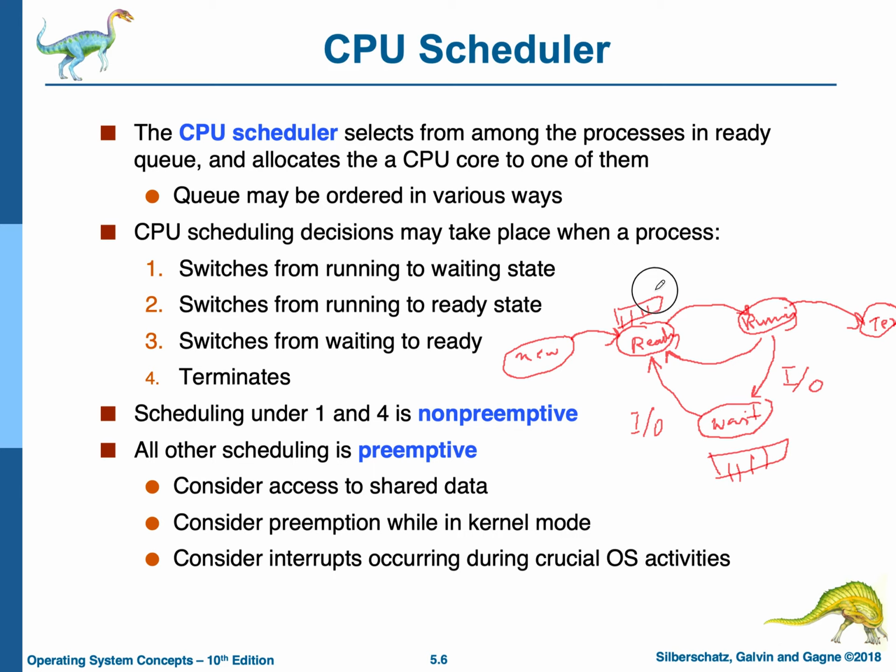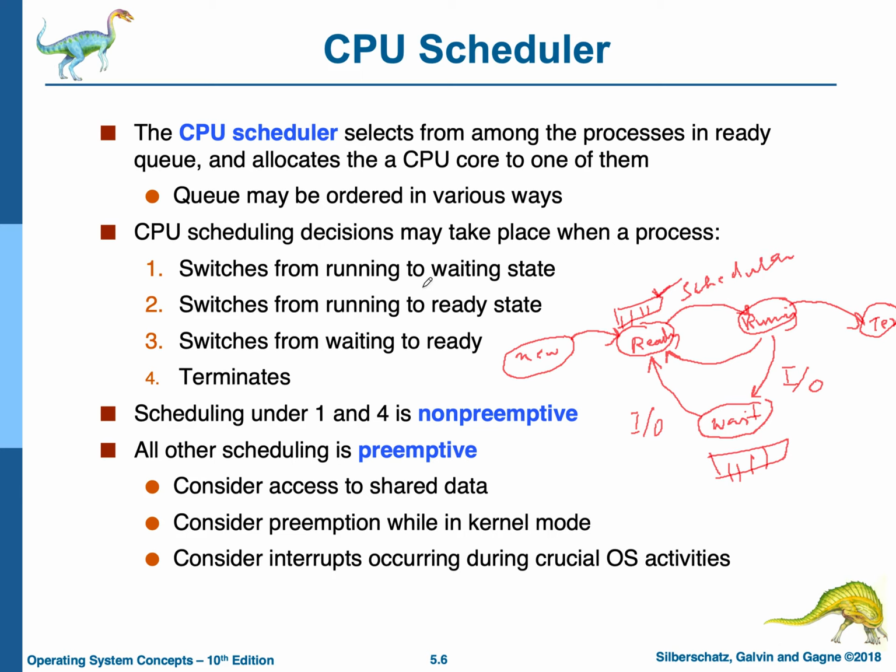The selection among these processes is the work of a scheduler. A scheduler selects from among the processes in the ready queue and allocates the CPU core to one of them. So the selection of a process from the ready queue is the job of a scheduler.